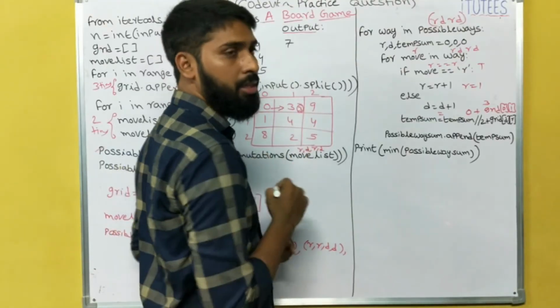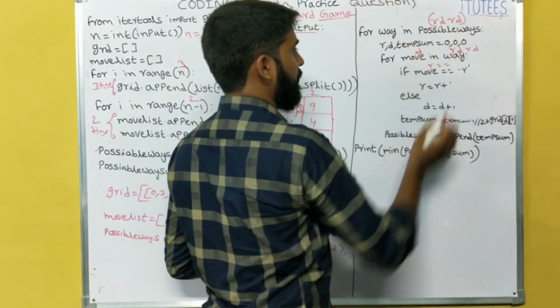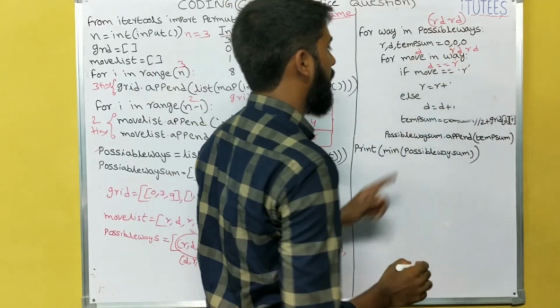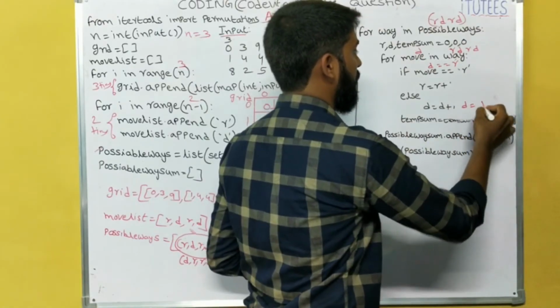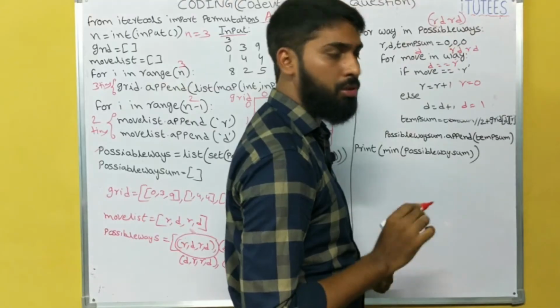The value is 3. The next move is D. D equals R is false, so D equals D plus 1, which is 1. Now the R value is 1 and the D value is 1.